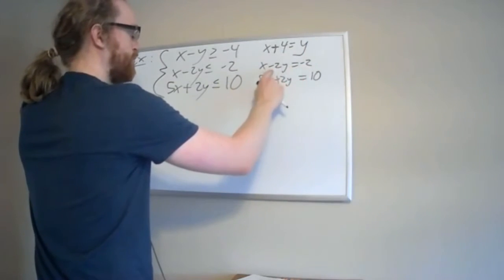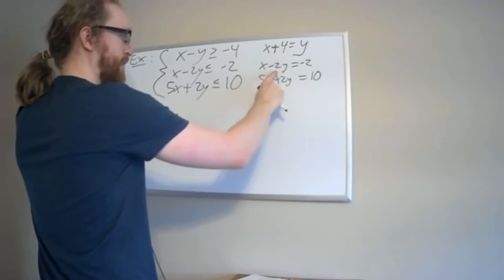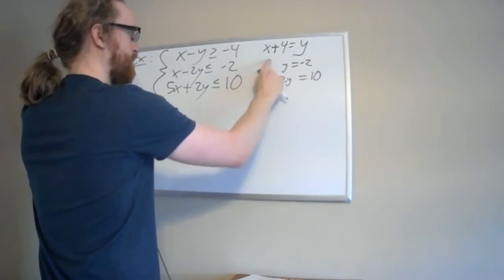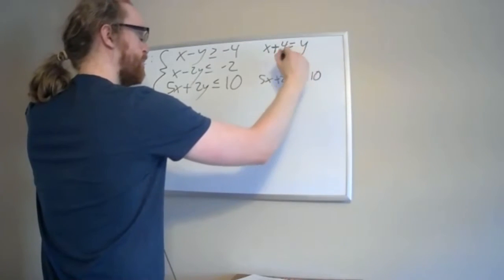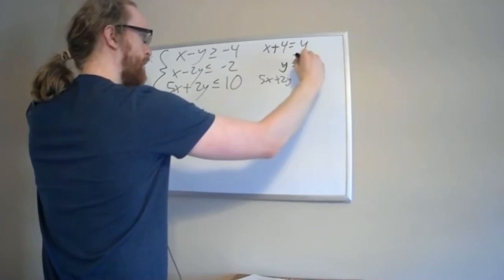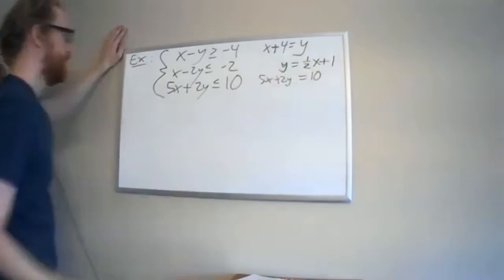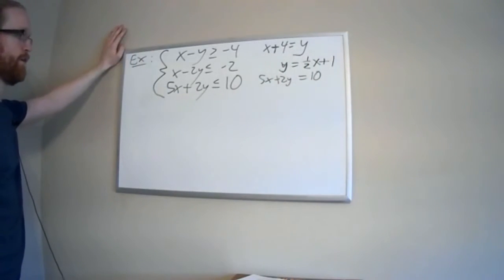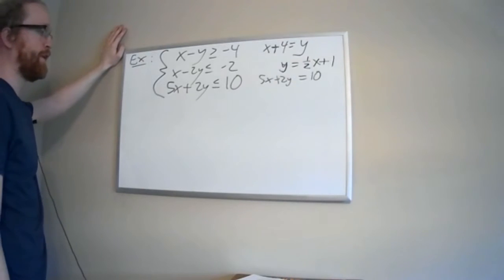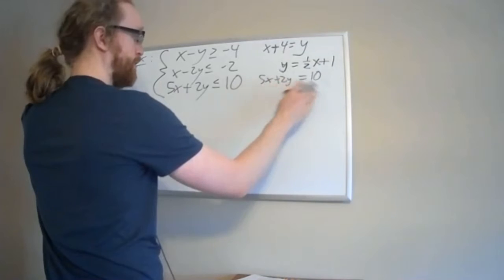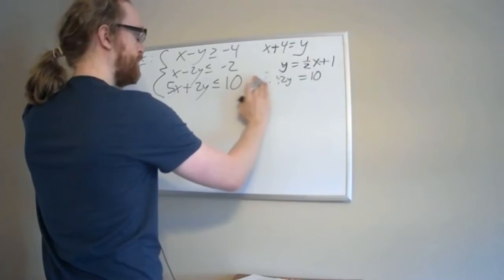Here, if I subtract x from both sides and then divide by -2 on both sides, it looks to me like I should get y equals 1/2 x plus 1. I think I did that right. Yes. And then for this one, I'll subtract 5x from both sides, and then divide both sides by 2.